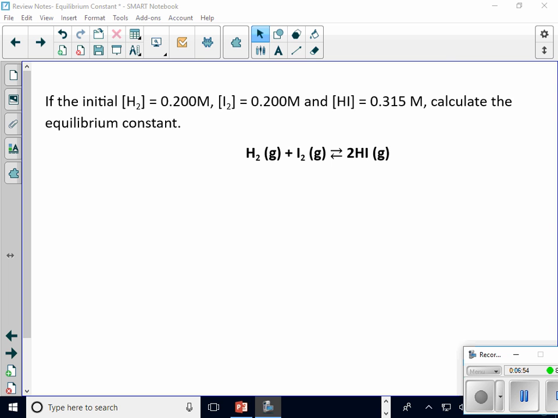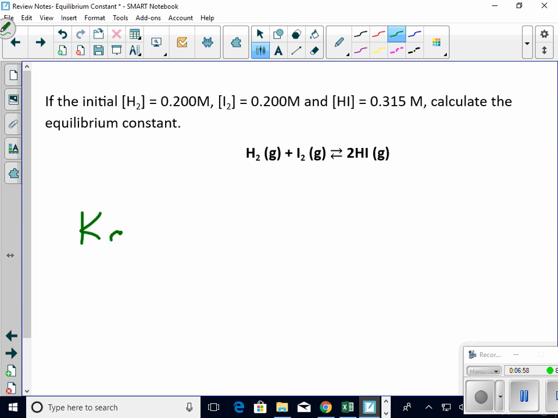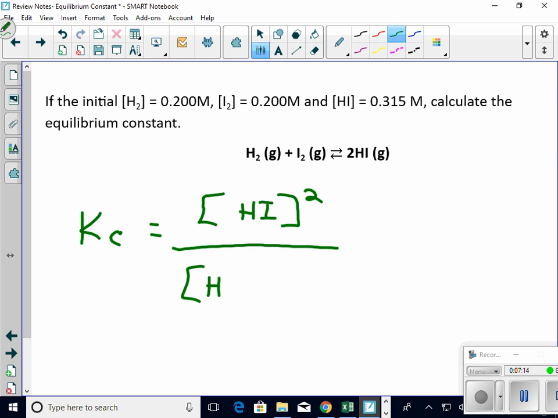If I am setting up my equilibrium constant equation, I know Kc is equal to the concentration of my products over the concentration of my reactants.